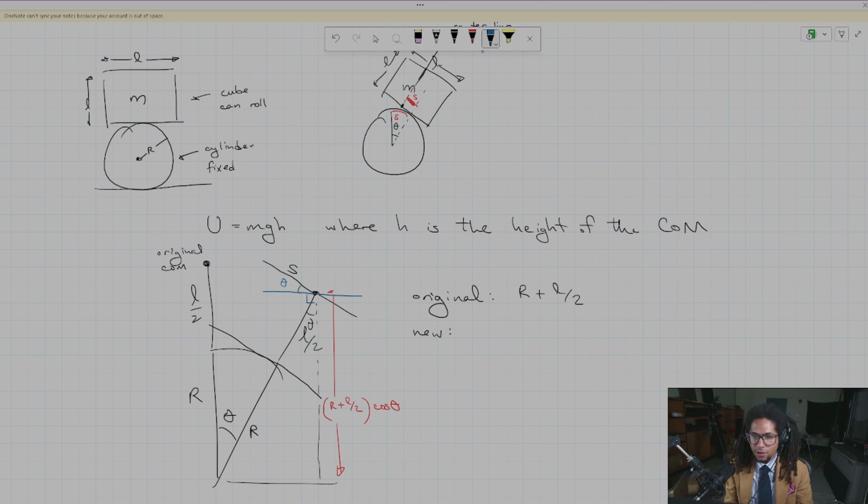And why is that? This angle is 90 degrees, and this angle is also 90 degrees. So that gives me that this is theta. So the height that I need to add, well, now I need to go s length, but I'm adding the opposite side. So this length here is s times sine of theta.